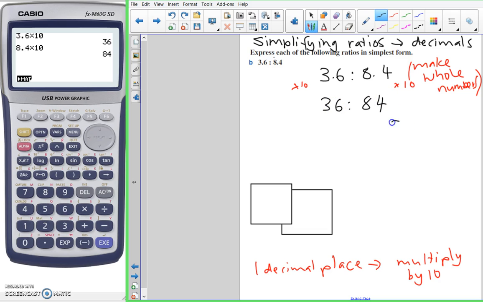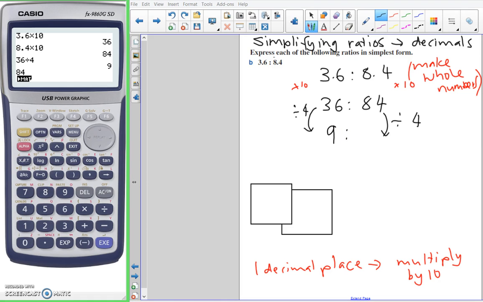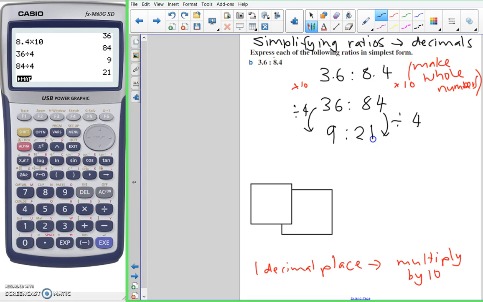In this case it's 4, so you divide that one by 4, divide that by 4. So 36 divided by 4 is 9, and then 84 divided by 4 is 21. Okay, so that's how we work with these decimal answers.